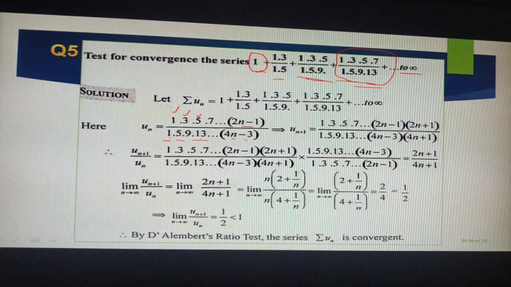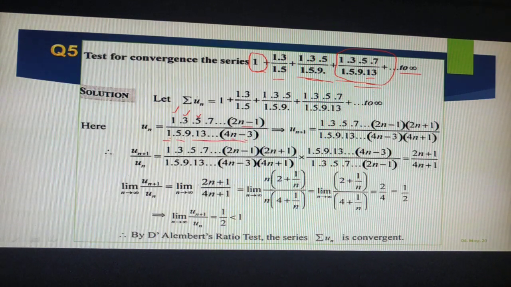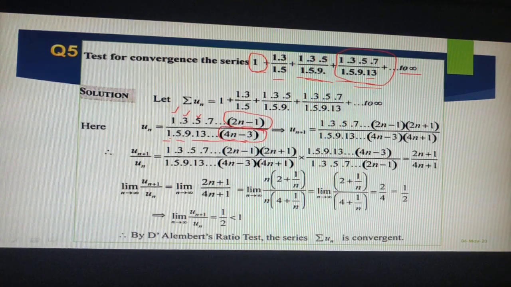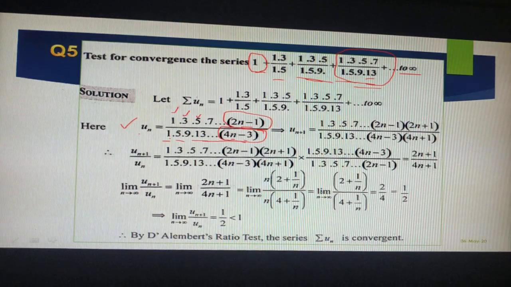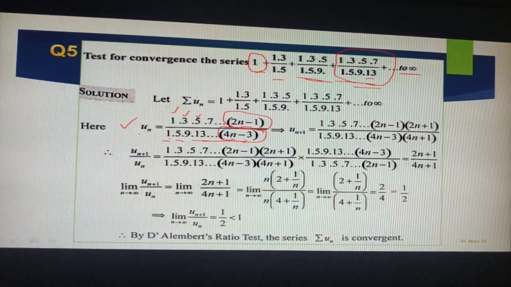That's why this is your fourth term. When it goes to the nth term, at the nth term I am able to write it this way: (2n minus 1) by (4n minus 3), nth term, nth level. Okay, this is of course a little bit tough for you to remember and to get this particular logic. If you do one or two similar types of problems, then definitely it will be easy.